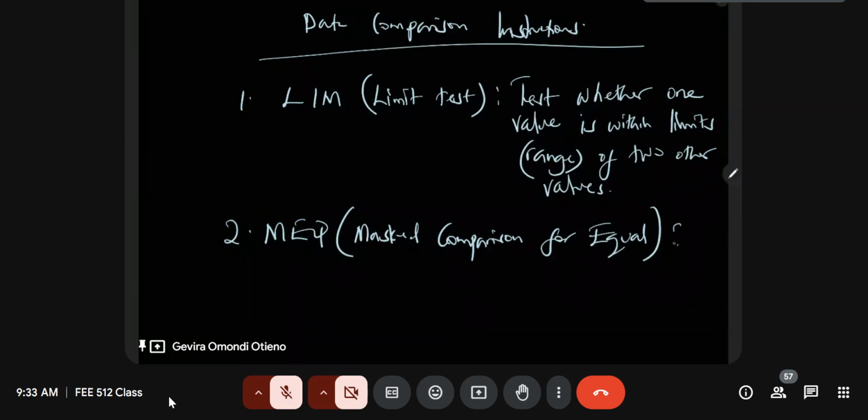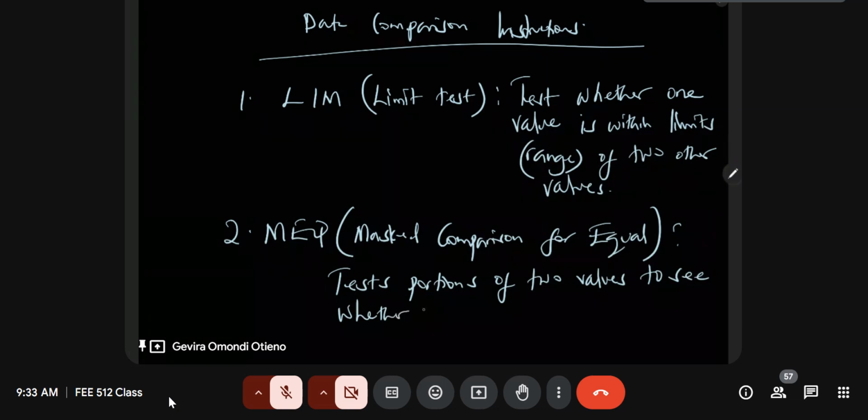So this one simply tests portions of two values to see whether they are equal. They are called masked comparison for equal.